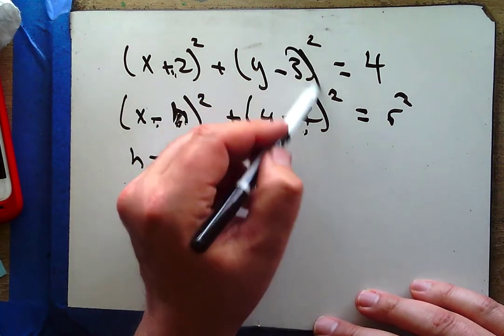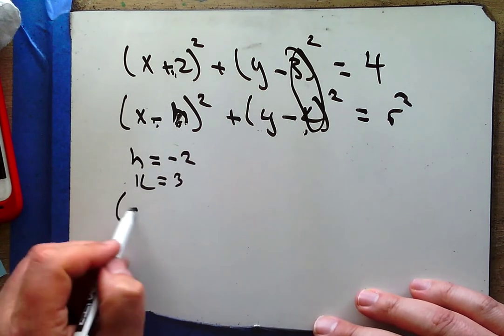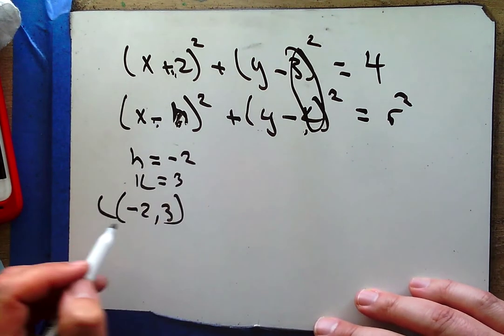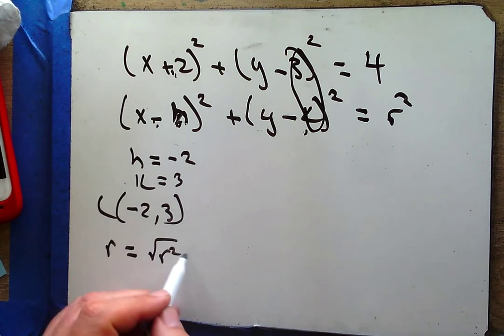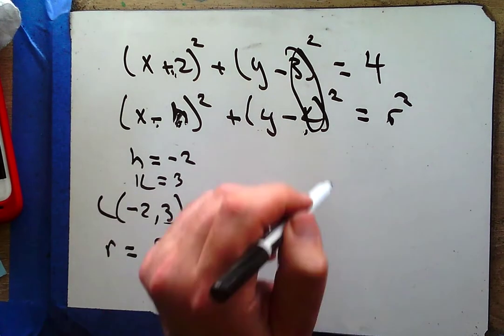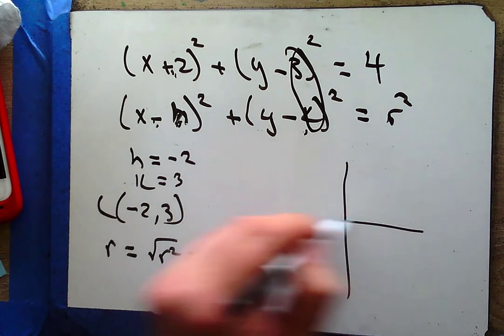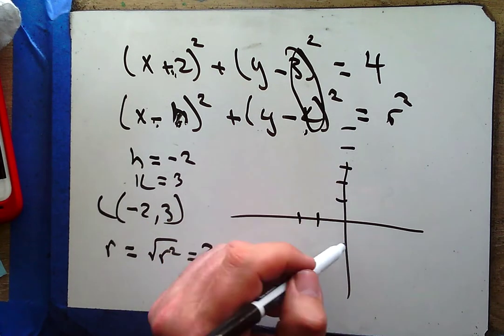And I see that k is 3. So negative 2, 3 is the location of the center. We also know r is the square root of r squared, and the square root of r squared here will be 2.